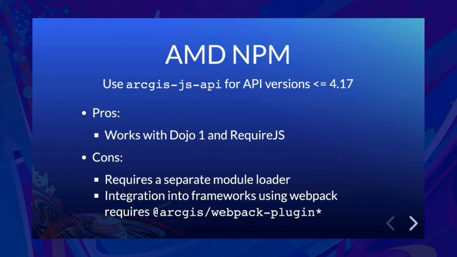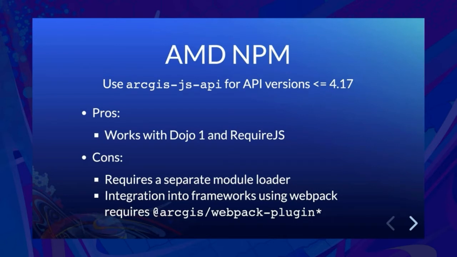Now, AMD for local installs. This build is called ArcGIS JS API. And note that the AMD NPM build is specifically for API versions which are less than or equal to 4.17.